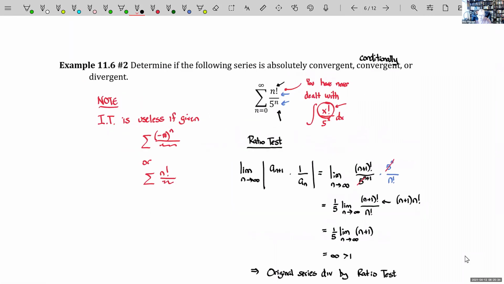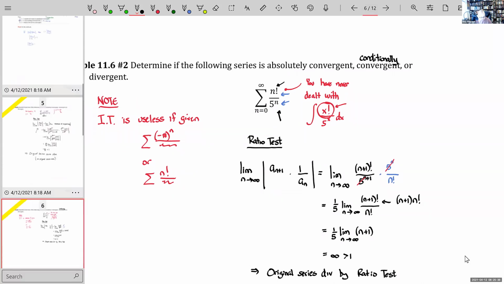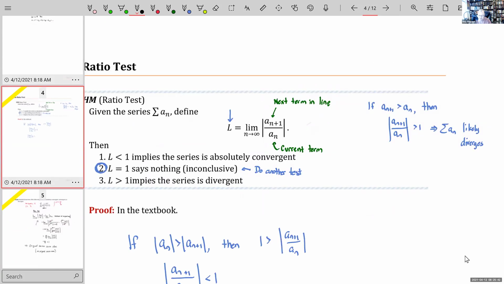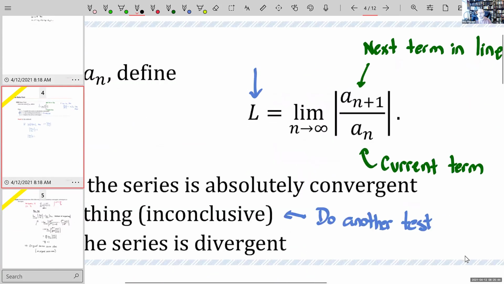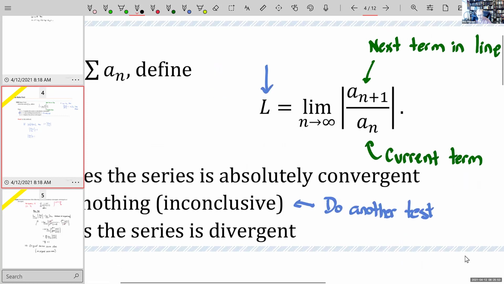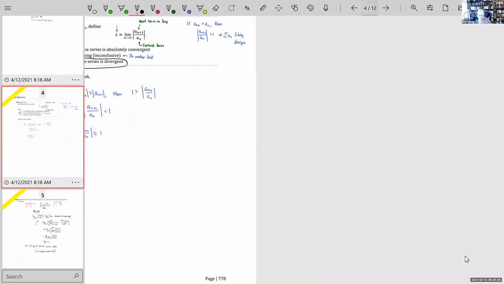It's divergent because of the ratio test. If we take that limit as n goes to infinity of the next term in line to the current term, and that limit ends up being greater than 1, the series is divergent.